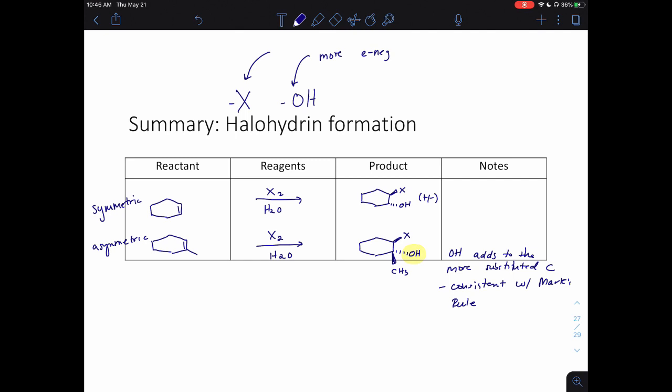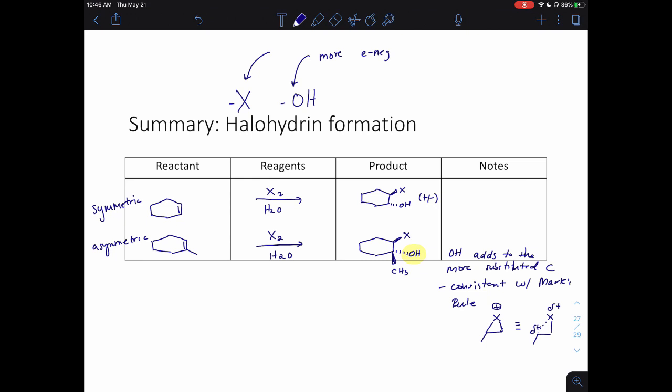And how can we understand? Is it coincidence that it is consistent with Markovnikov's rule? No, it's not coincidence. There's no full cation because of the halonium ion, but there is carbocation character.